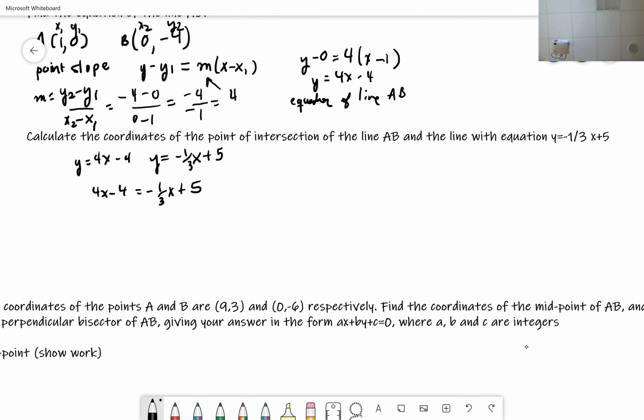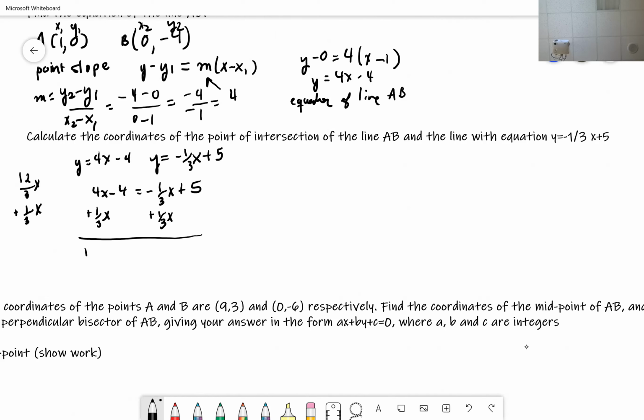Solve for x, right? You're going to add 1/3 x here. Let me make that prettier. 4x plus 1/3 x. Well, I can write 4x as 12/3 x plus 1/3 x.